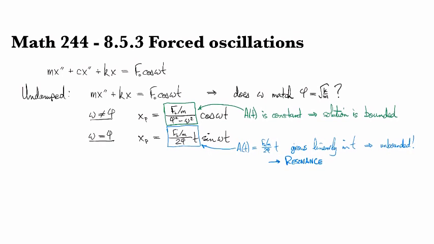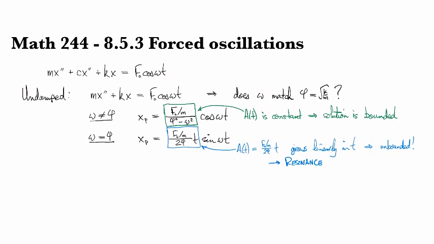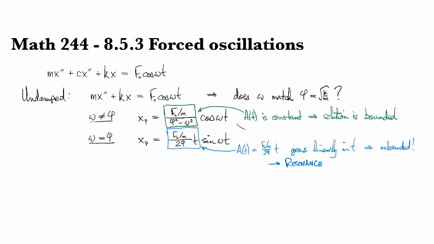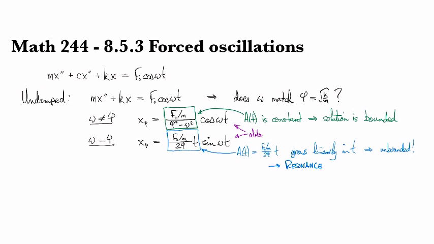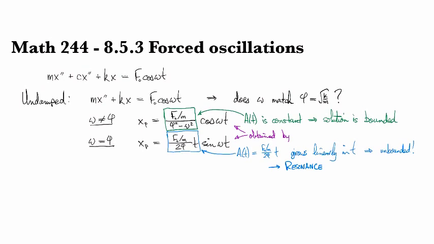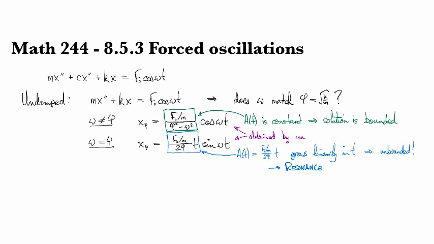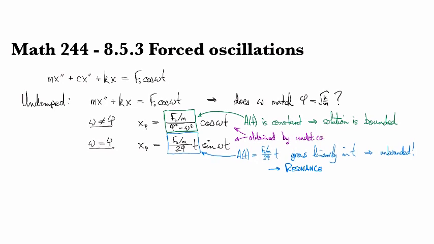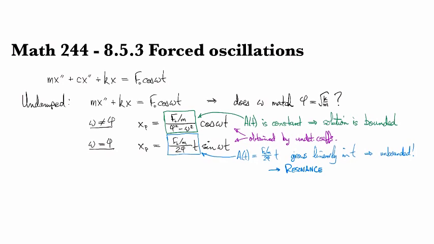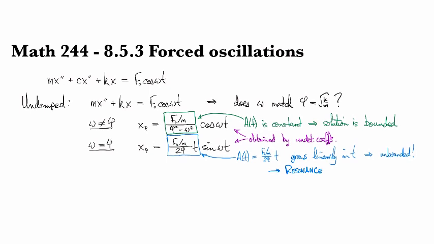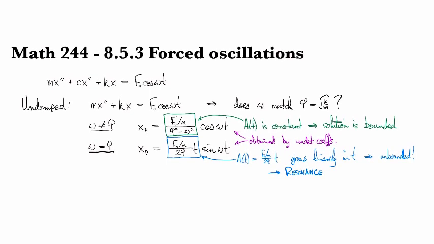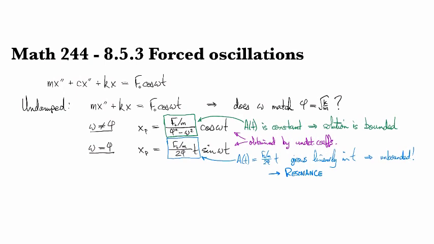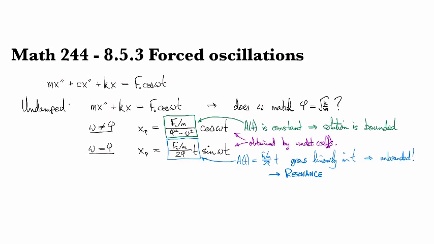Oh, and I guess I should point out that both of these solutions here would be obtained by undetermined coefficients. That's how I worked those out. I wouldn't expect you to memorize these formulas. I'm just writing them down so that I can talk qualitatively about the interpretations that they have and stuff like that. So this is all for the undamped case.